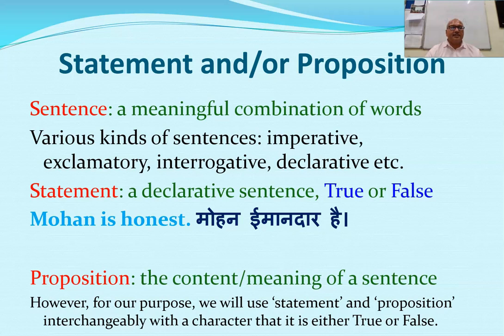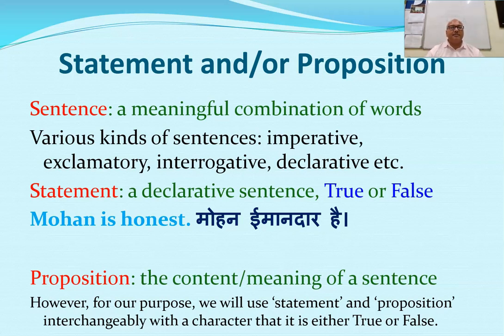And since statements say something about the reality, if whatever they say is found in the reality, then we say that this statement is true. And if they say something about the reality which is not found in the reality, then the statement is false.